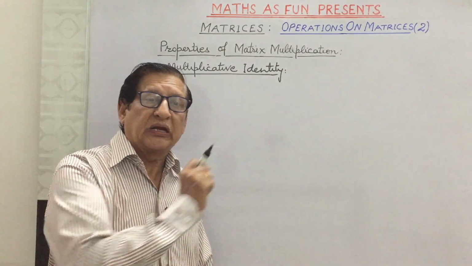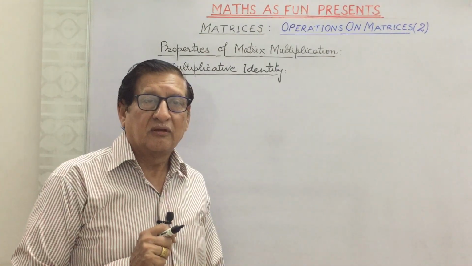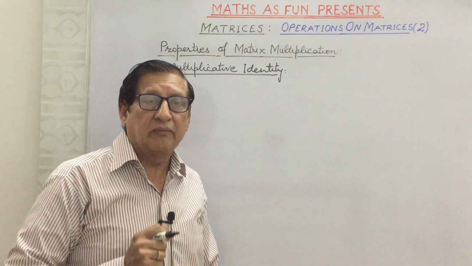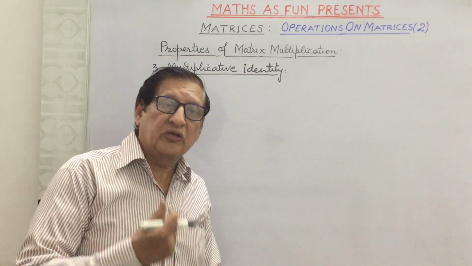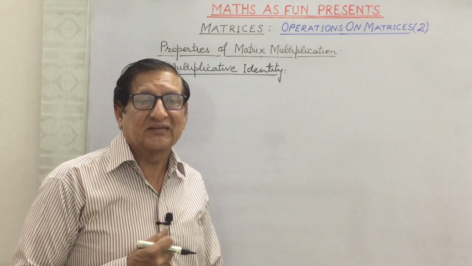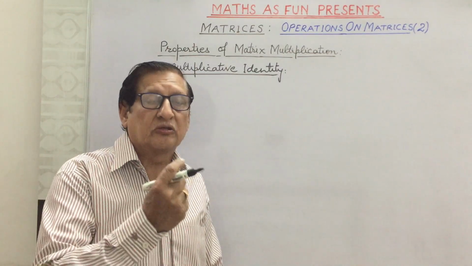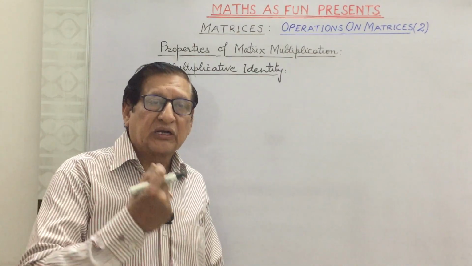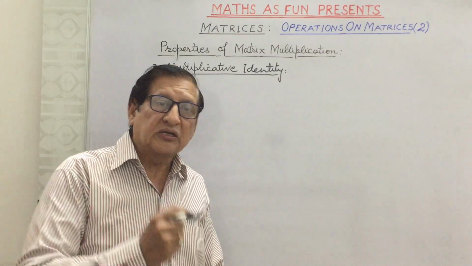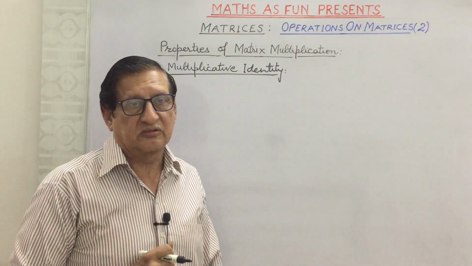Number 3, multiplicative identity. If you remember, in the video when we were learning about the types of matrices, I told you that the identity matrix or unit matrix is also known as the multiplicative identity, but it is only for the square matrices.